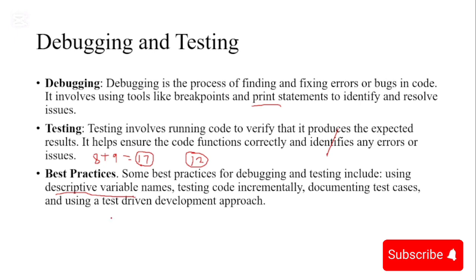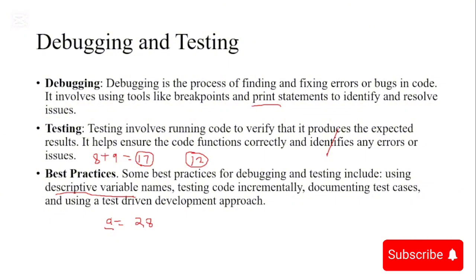You need to define these variables in a way that if someone is accessing my code, or if I'm sending my code to someone, they can tell what the variable represents. For example, if I say A equals 28, this person may not be able to understand what A is.